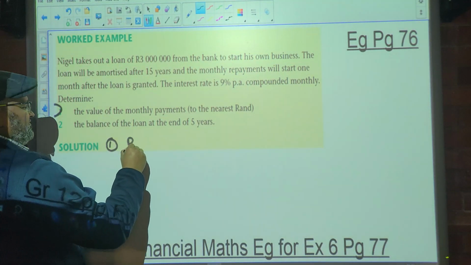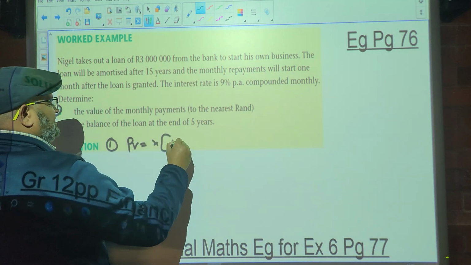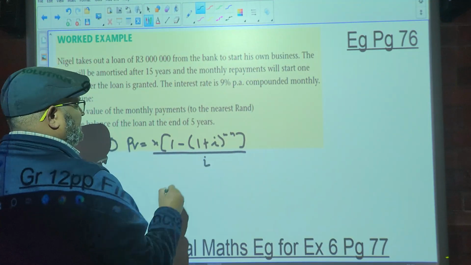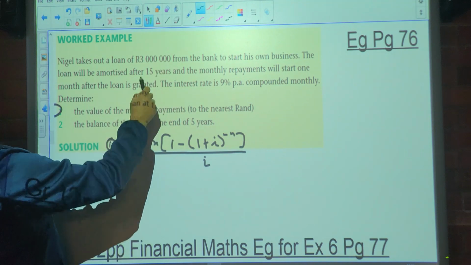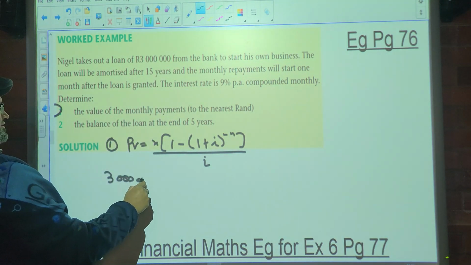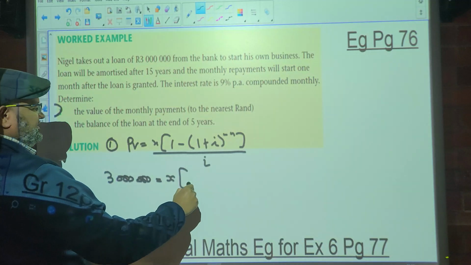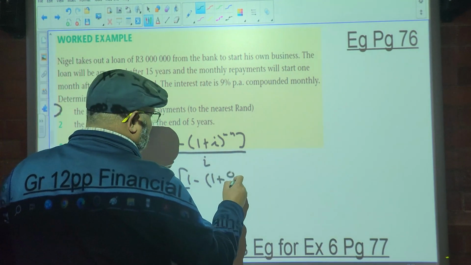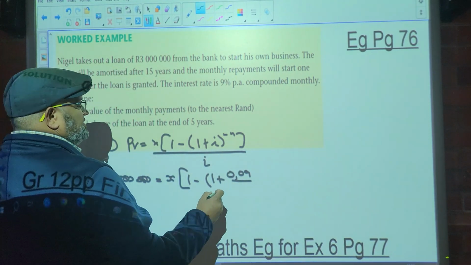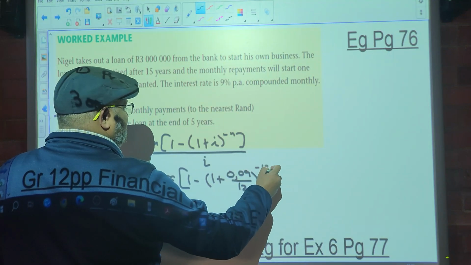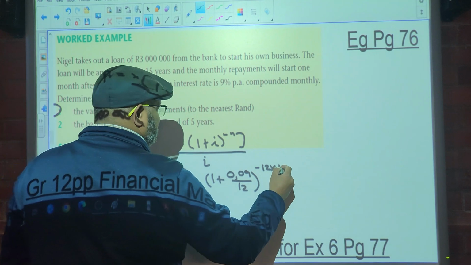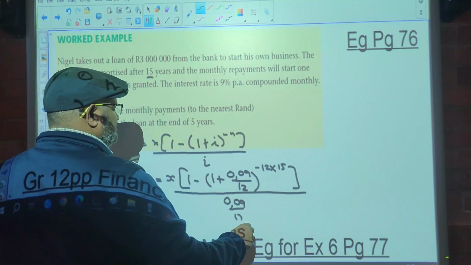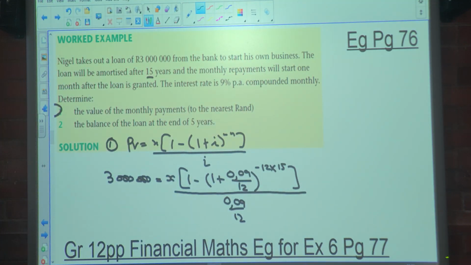So we use the formula: present value is equal to x into 1 minus (1 plus i) to the minus n, all over i. So the present value is 3 million. So 3 million equals x, which is what we're calculating, into 1 minus (1 plus 0.09 over 12) to the exponent negative 12 times 15 years, all over 0.09 over 12.